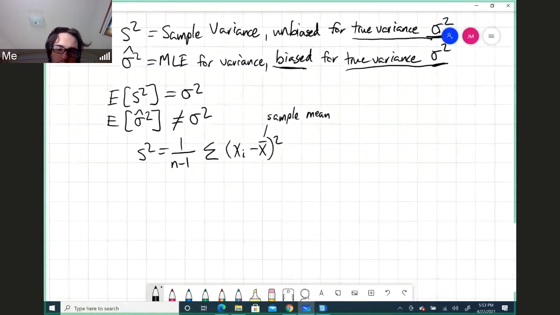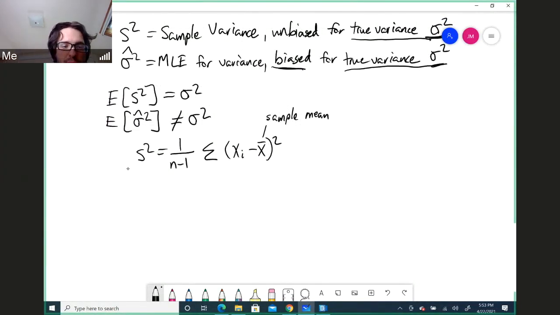And the formula for our maximum likelihood estimator is 1 over n times the same thing, the sum of xi minus x bar, squared.